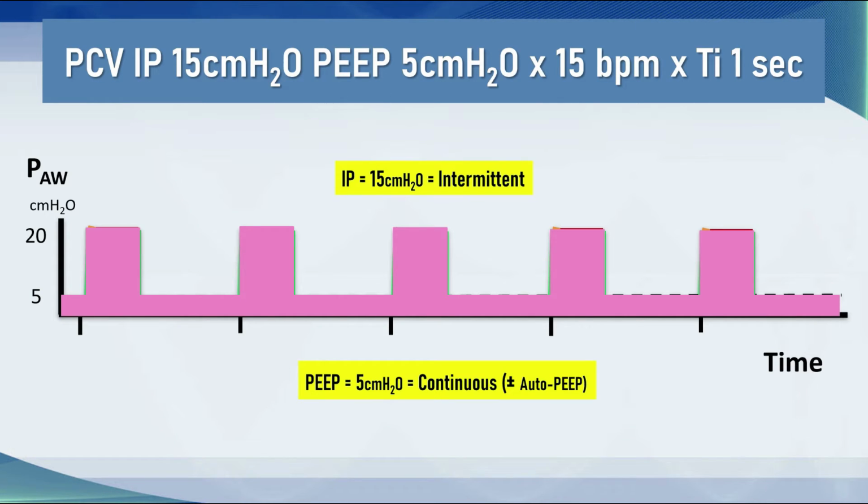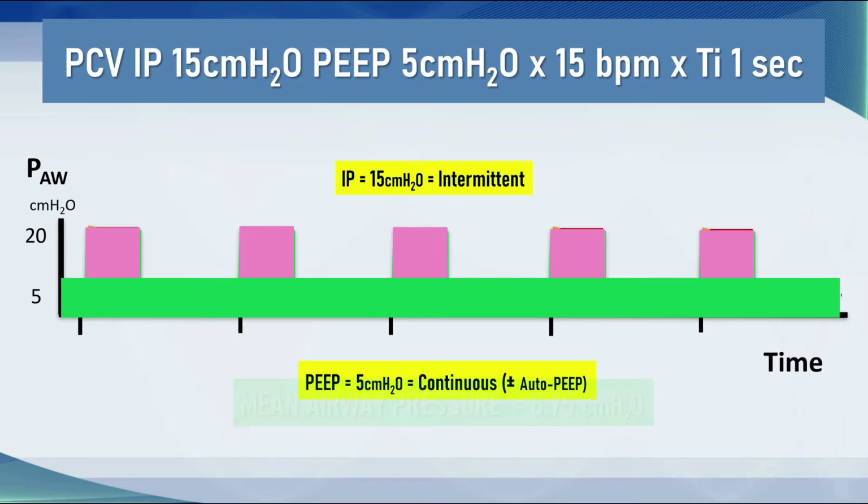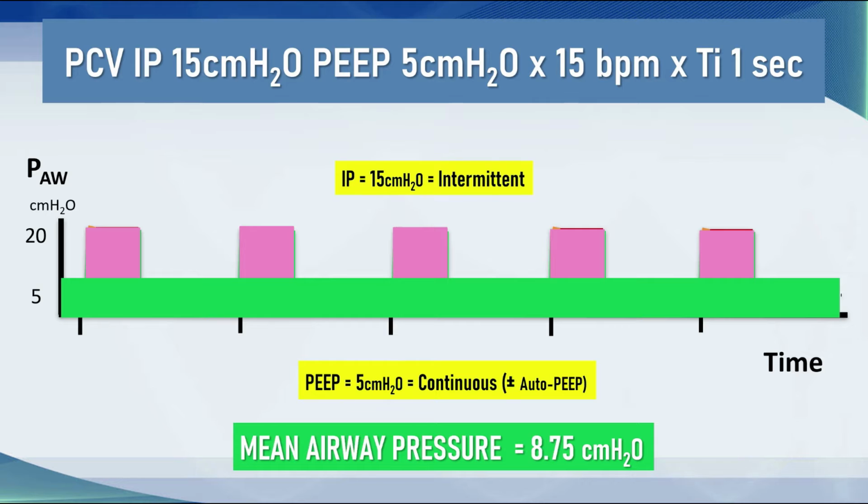I want to introduce you to a third pressure, the mean airway pressure, that takes into account the PEEP, the inspiratory pressure, the inspiratory time, and the total respiratory cycle time. In this situation, the mean airway pressure is 8.75 centimeters of water.